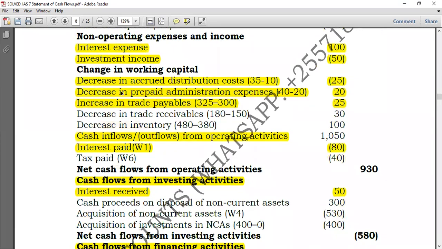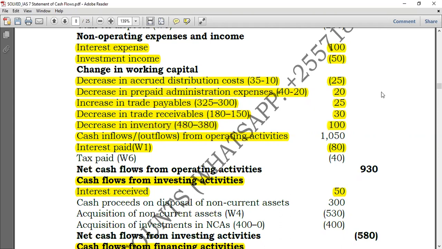Very, very simple. So I would say a decrease in trade receivables by 30. As I told you, if an asset decreases, you go the reverse. An asset has decreased, I say I have a cash inflow. Because if I have an asset, the main reason is whether I've given out cash or I've received the cash, and the asset has decreased, that means I've given out my asset for cash, so it's a cash inflow. I would say the same for decrease in inventory, right? That will be 100, 480 minus 380.